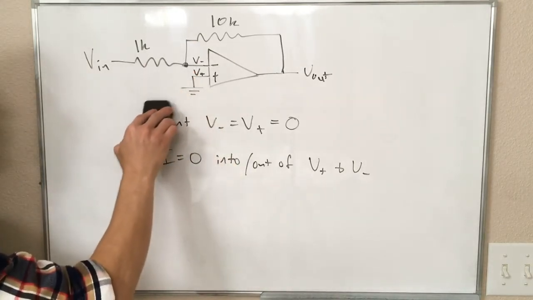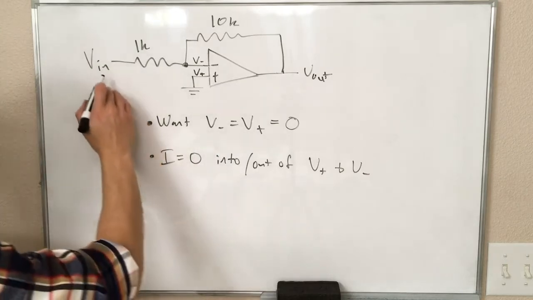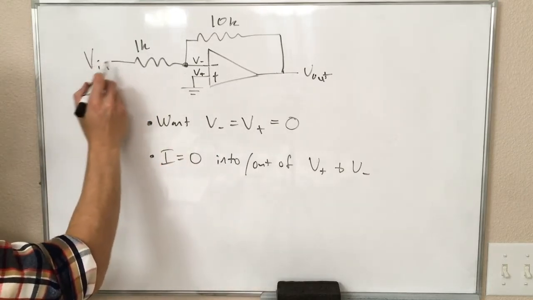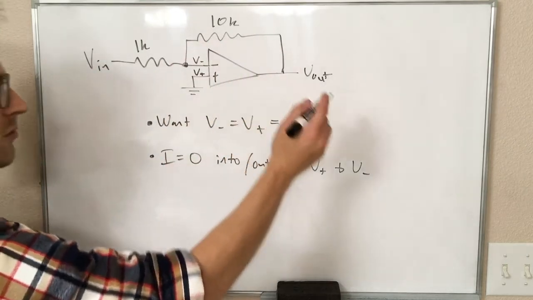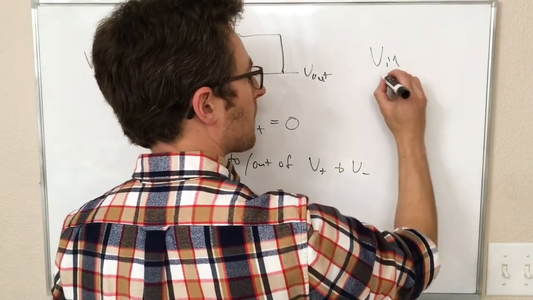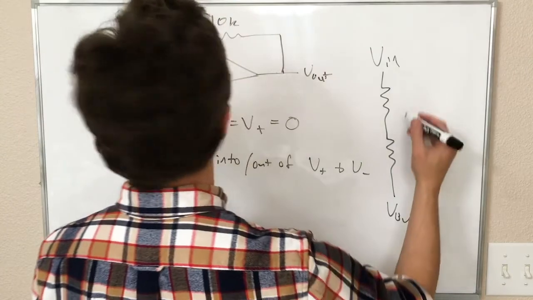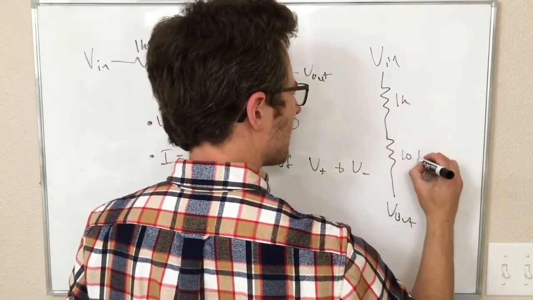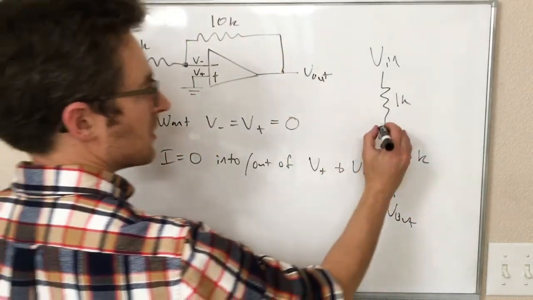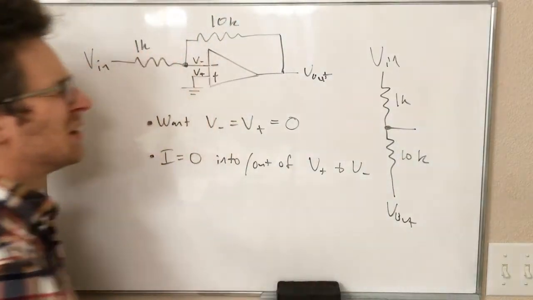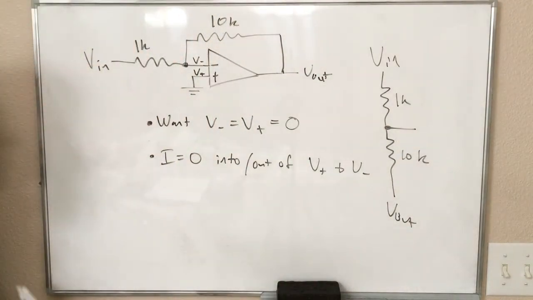Why this matters is if we look at just this circuit, V in, resistor, resistor, V out, now we have an attachment at this point between these two components, right?